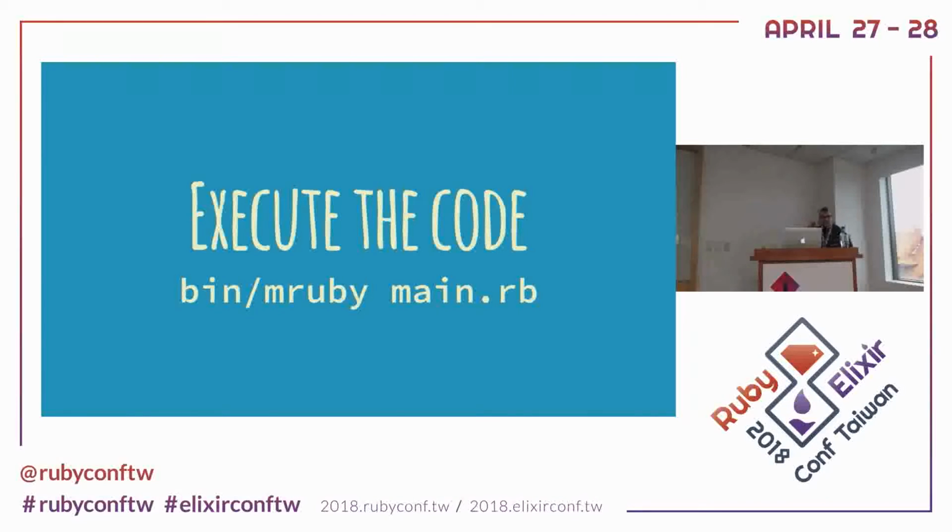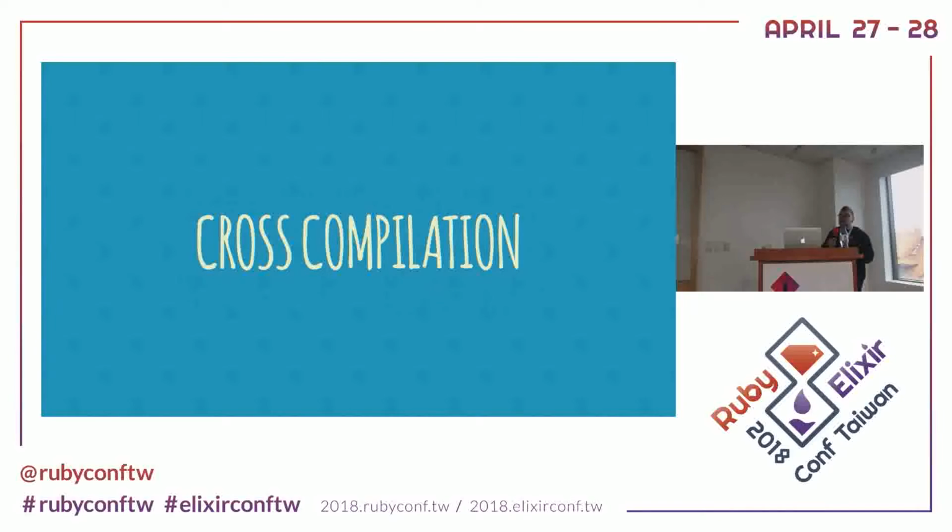Calling bin/mruby main.rb was pretty successful. But there was a problem: this worked on OS X, which is pretty cool, but I needed to get it running on Linux, and that means I needed to do cross-compilation. There is a library that does that, but I didn't make it work.